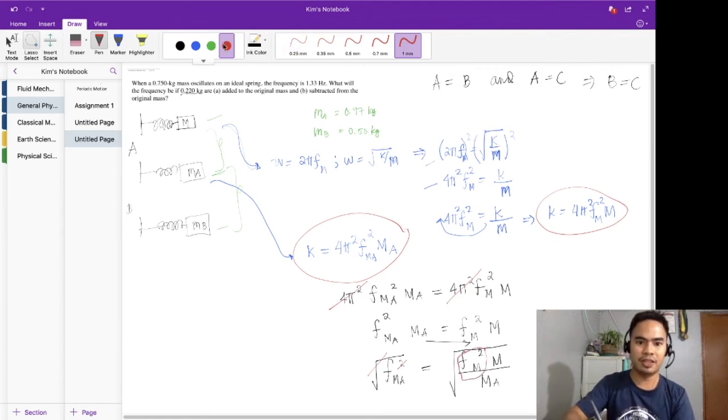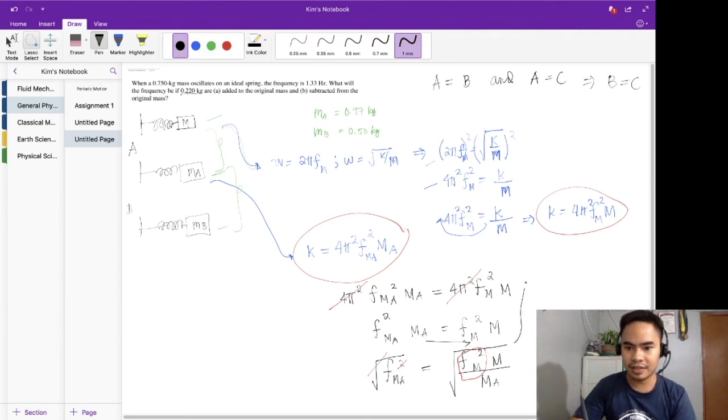So what happens here is you have f of m sub a, meaning the frequency where you already add the mass, is equal to f of m, and then you are left with the square root of m all over m sub a.